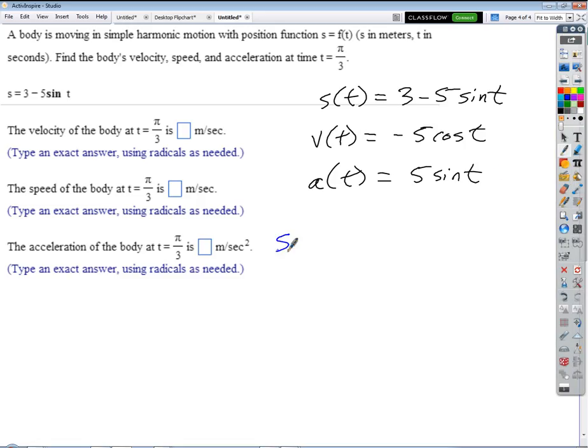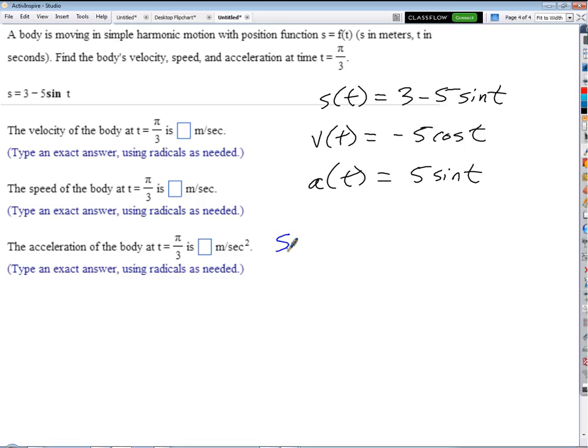Wait, what about speed? Okay, so how are speed and velocity related? They're the same, but one is positive. Velocity has direction, so velocity can be negative or positive. The classic example: if I'm walking toward the front of the room and that's the positive direction, covering 2 meters every second, what's my speed? 2 meters per second.